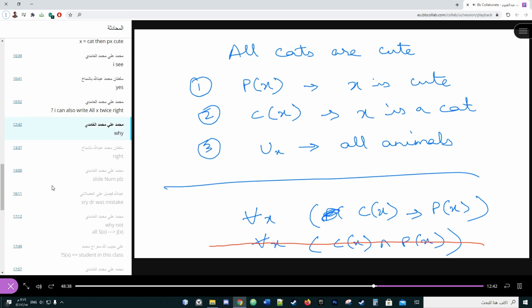When we are talking about all, why is this wrong? For all means, for all x, this has to be true. So for this to be true, it has to be true for all x.